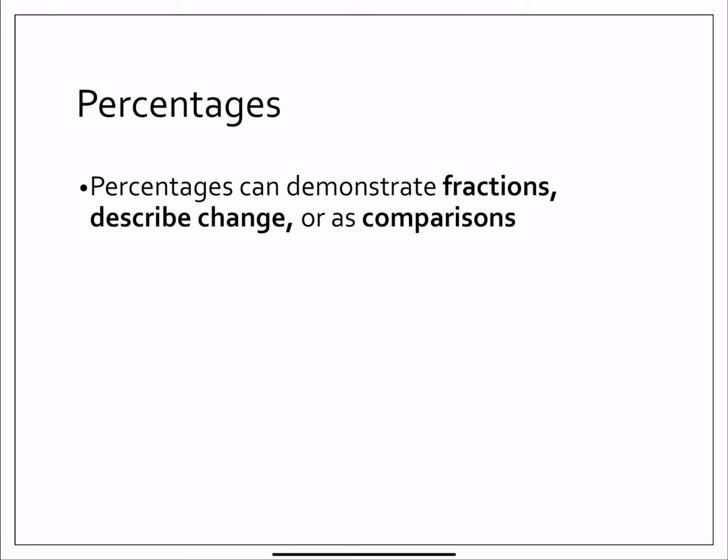Now let's talk about percentages. Percentages can do a couple of different things. They can demonstrate fractions, describe change, or we can use them as comparisons. If they're demonstrating fractions, let's say our class was 6 people, and only 3 people are present, we could say 50% of the class is absent.